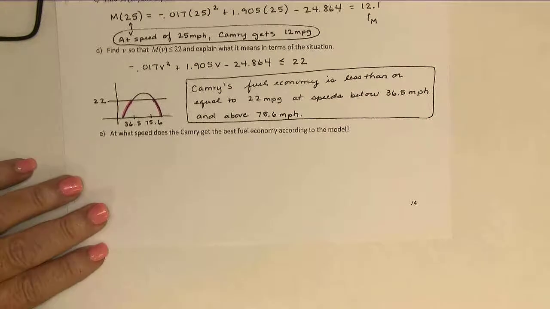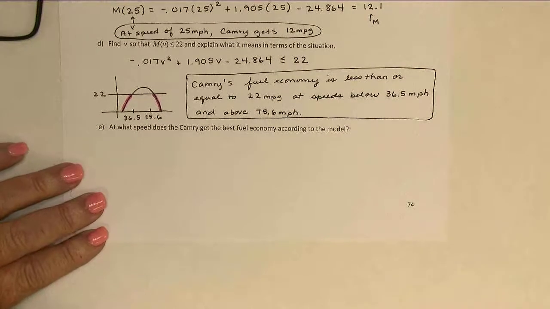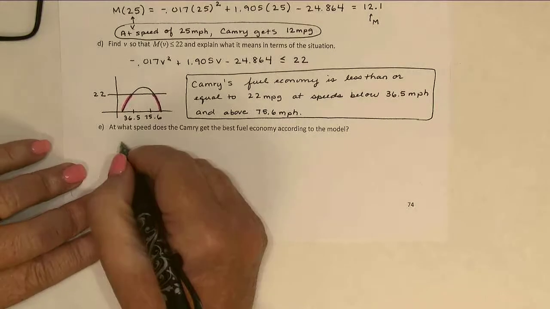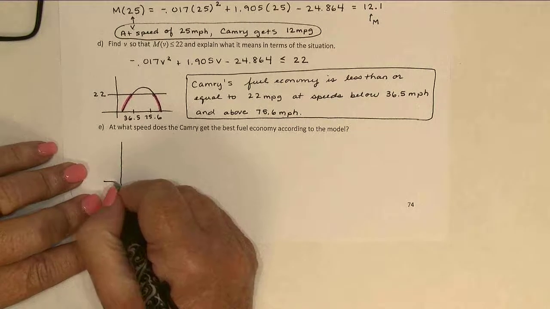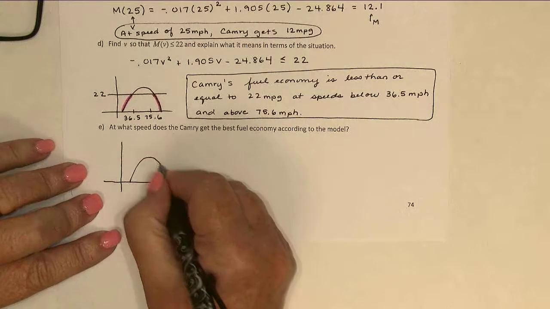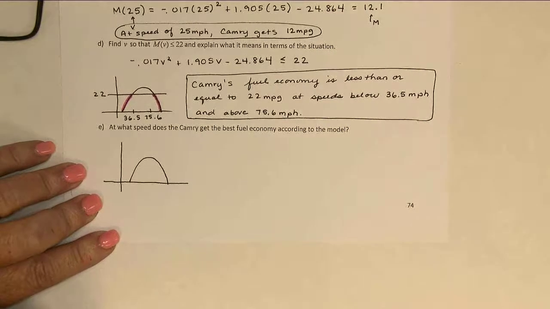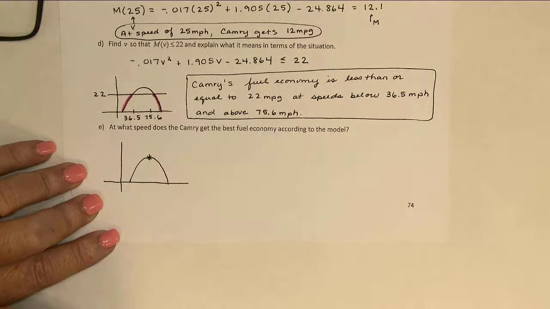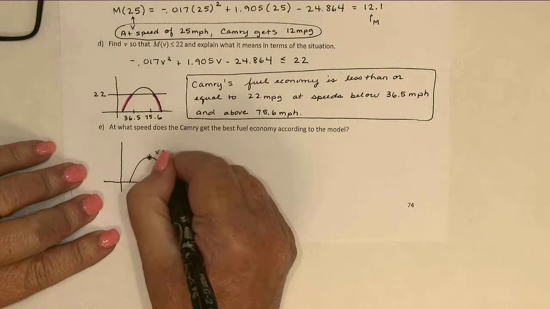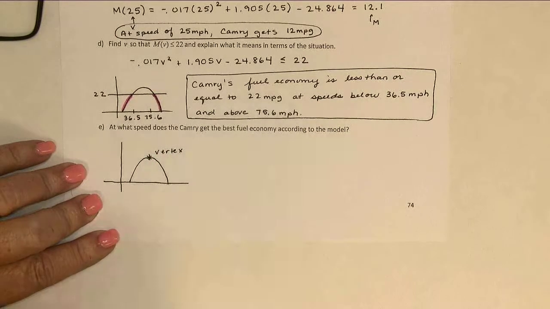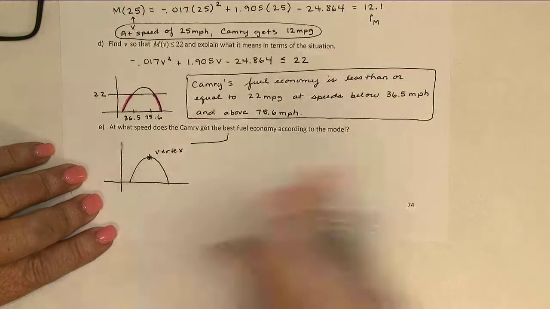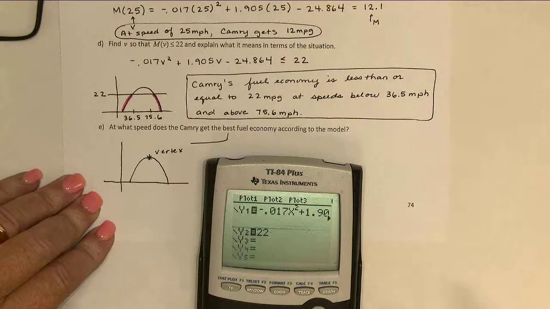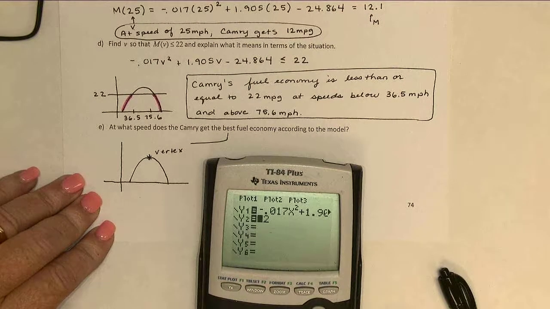All right, and then the last question about this one, at what speed does the Camry get the best fuel economy? And we've seen this so many times now, I'm sure you're all way ahead of me. If that's my fuel economy parabola, the best fuel economy, the maximum miles per gallon, would be the vertex. So let's see, I'm going to get rid of the 22. I don't need that anymore.